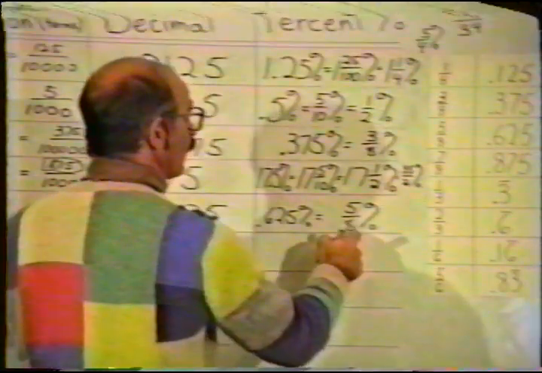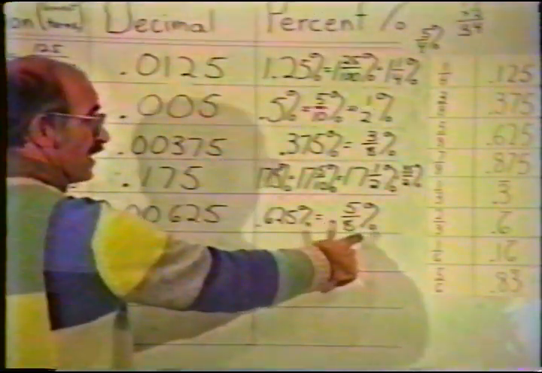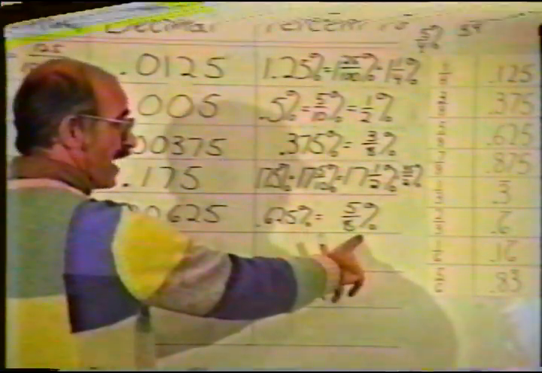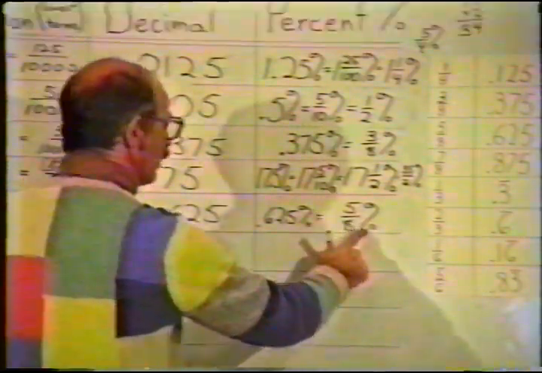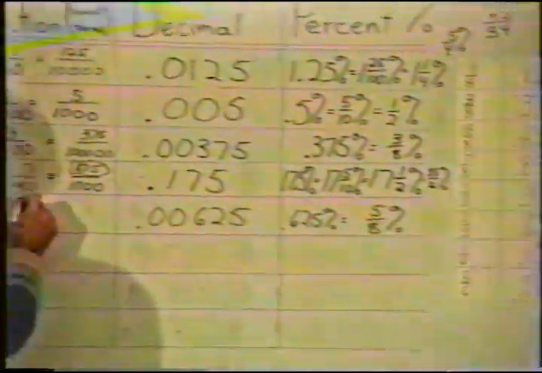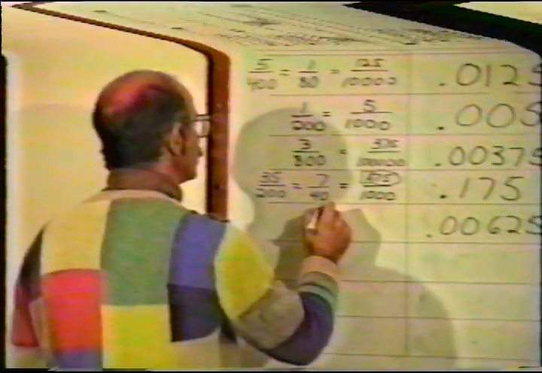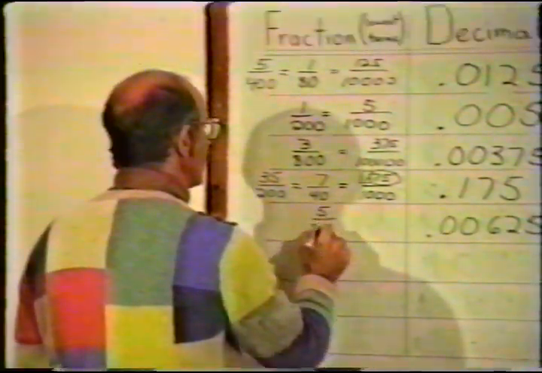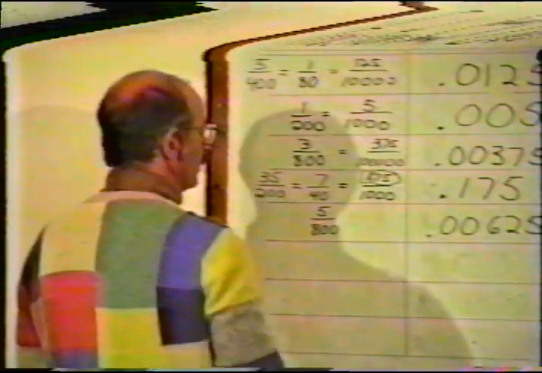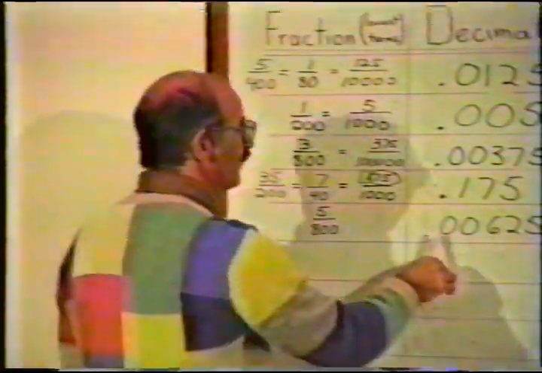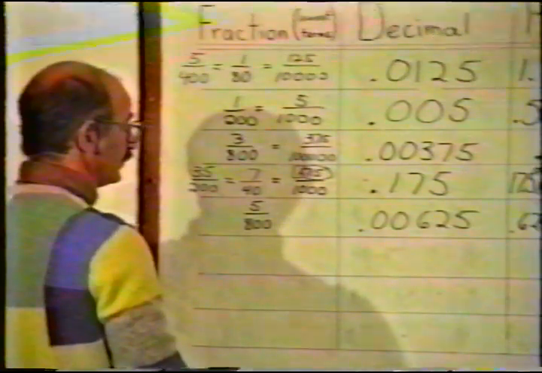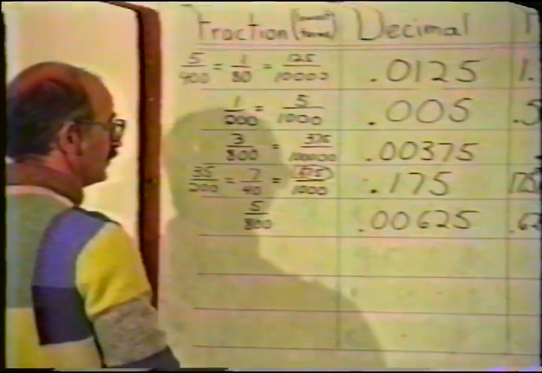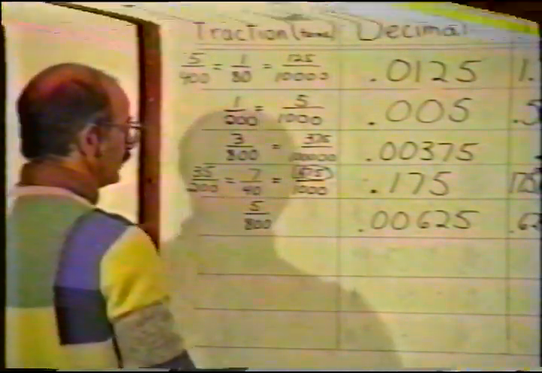5/8%. If we want to change this percent to a fraction, we just take off the percent sign, put 2 zeros on the bottom, and we get 5 over what? 800. 5 over 800. Read for me this number. 625 hundred thousandths.